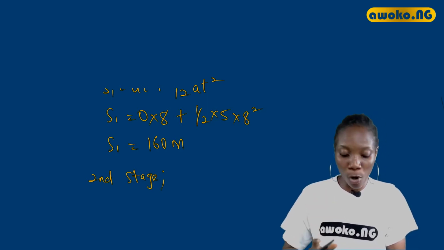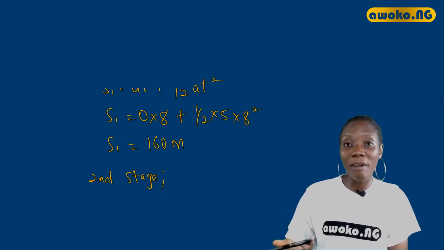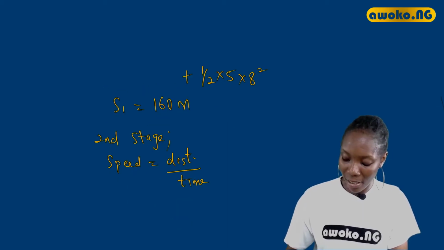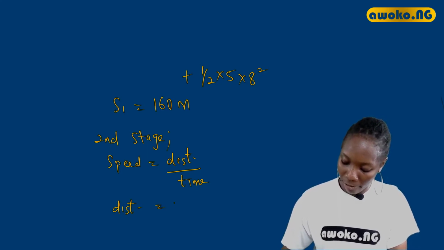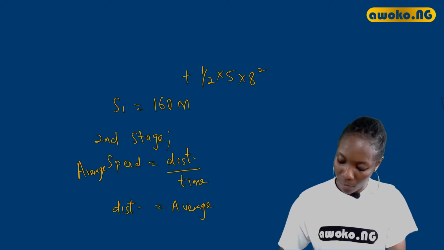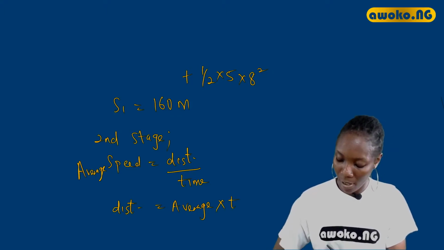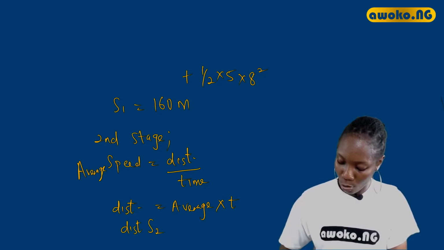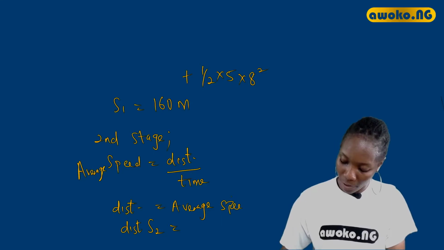So it is safe for us to use our normal speed. Speed is distance over time, right? We can get our distance here rather, you cross multiply, get your average speed. Let's put this as average speed here, guys. So distance s, let's say s2, becomes this average speed times time t.